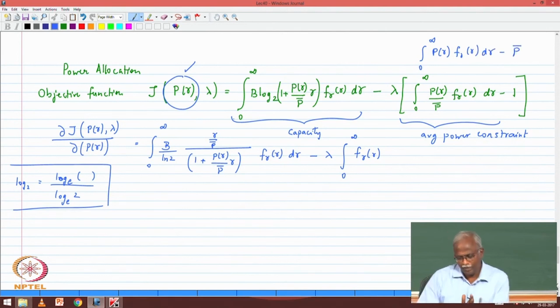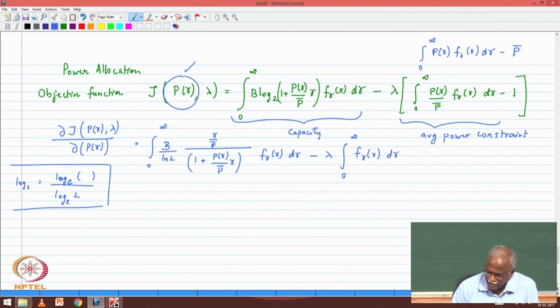So when I differentiate with respect to p gamma, I get f gamma of gamma d gamma. So this is the value that I get after differentiation.